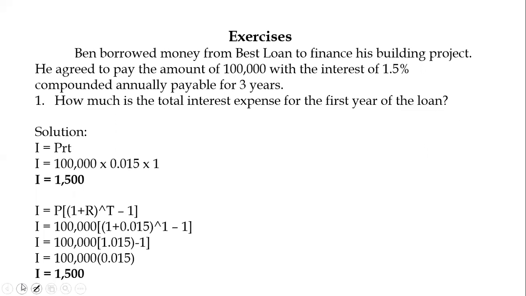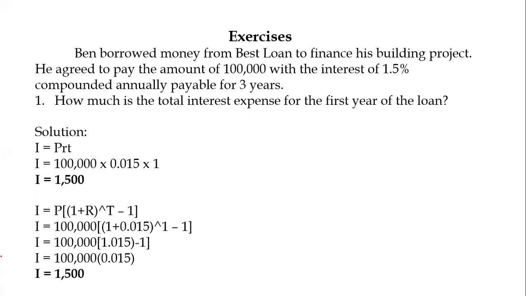Kapag ang tanong lang naman ang hinahanap ay first year, kahit hindi na natin gamitin yung compound interest formula. Bakit? Kasi ginagamit lang natin siya kapag lumampas ng 1 taon ang payment term ng loan.